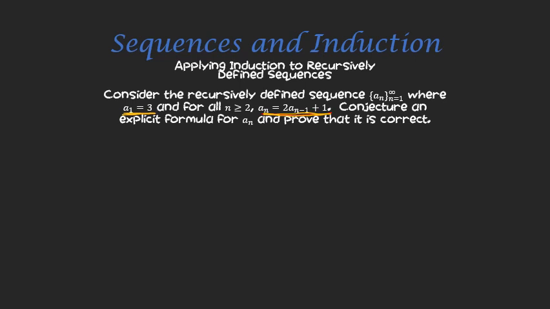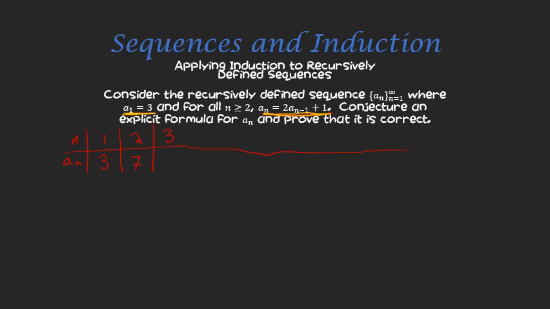So let's just go ahead and compute some values for this. I'll have n on the top row and then a_n on the bottom row. So let's see, when n is 1, we use our initial condition, a1 is 3. When n is 2, we'll do 2 times a1 plus 1, so that would give us 7. 2 times 3 plus 1.